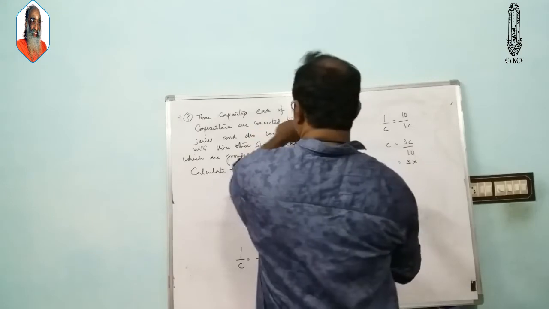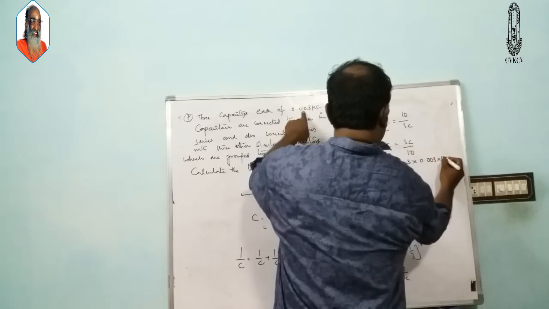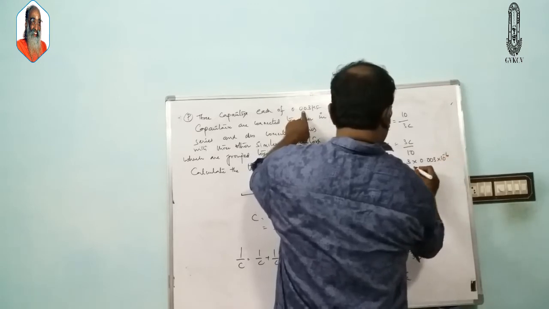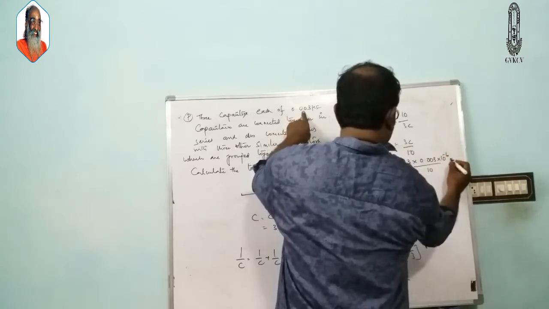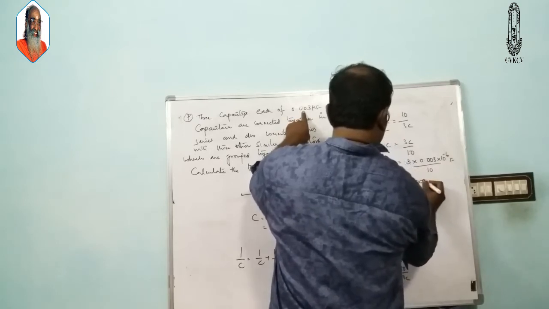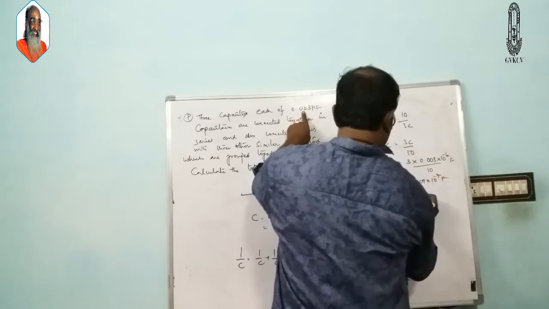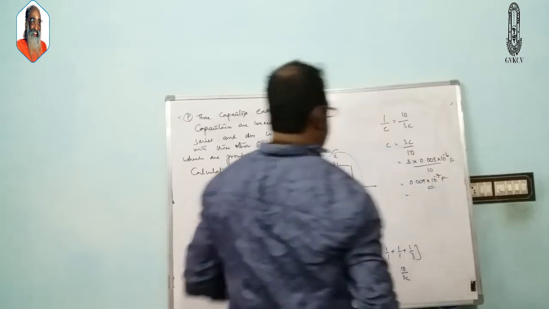3 into, what is the answer here? It is 0.003 microfarad, 10 to the power of minus 6, by 10 F. So it is 0.009 into 10 to the power of minus 7 farads, so this will be your answer.